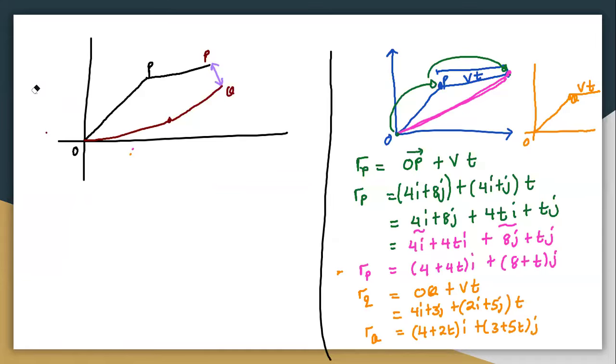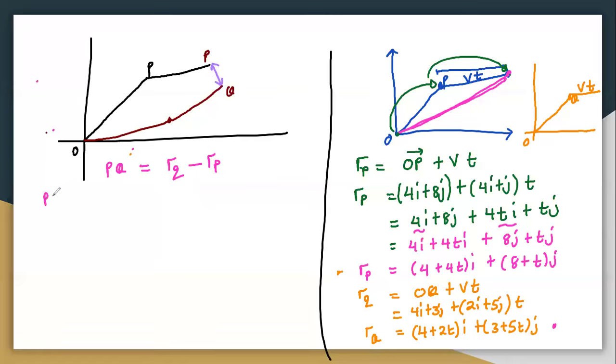So I'm going to define it again. To get my PQ, I'll have my RQ minus RP. I have my RQ already from here. So I will say my RQ is the same as 4 plus 2t. Let me write it from these sides.